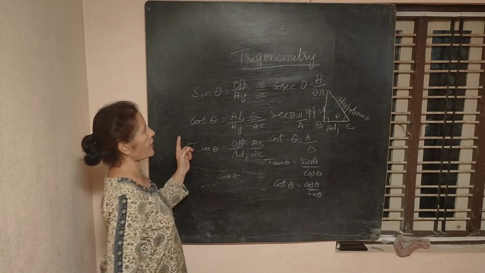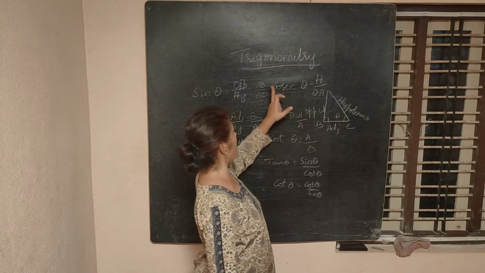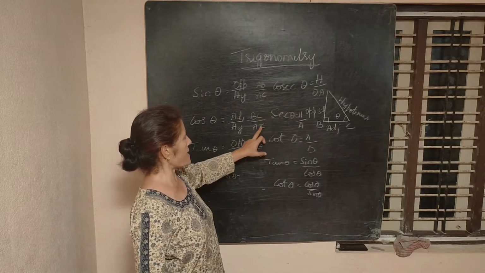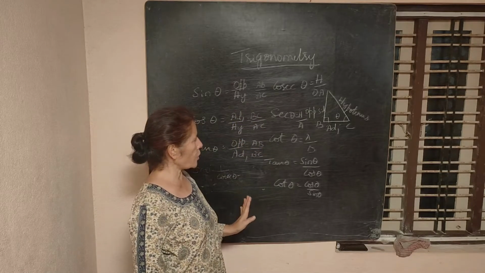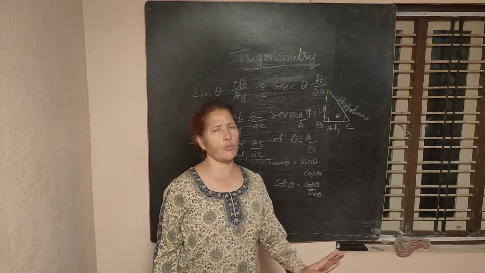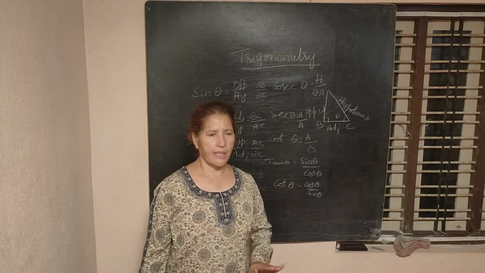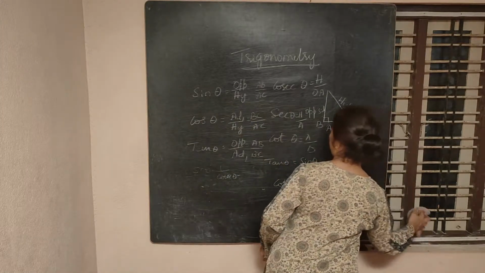So very easily you can say cosecant theta is HO, AC by AB; secant theta is AC by BC; and cot theta is BC by AB. Right? After knowing this, let me give one or two problems based on this. Is this clear? Yes, we'll go to some of the problems.